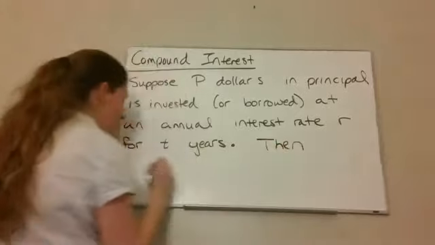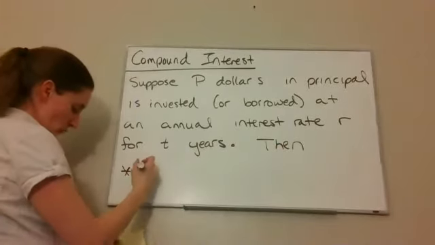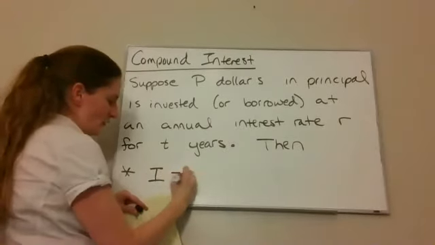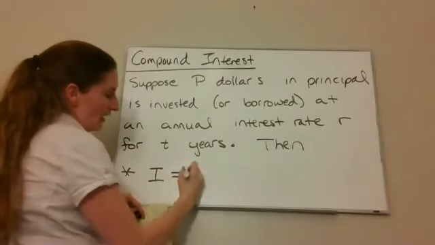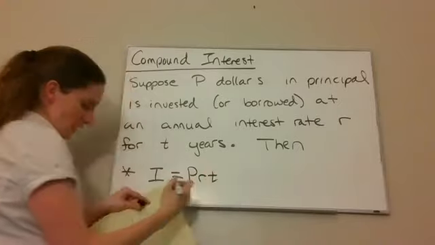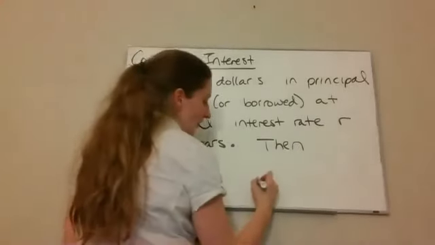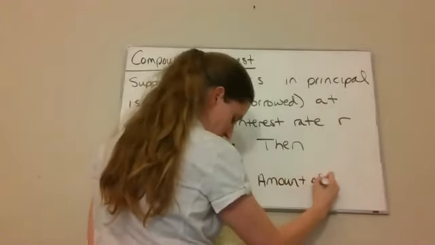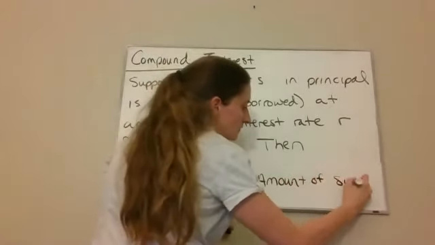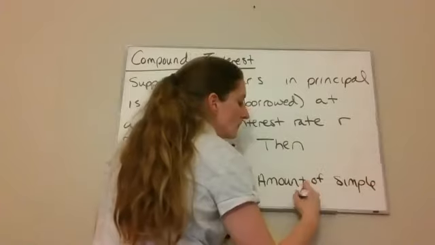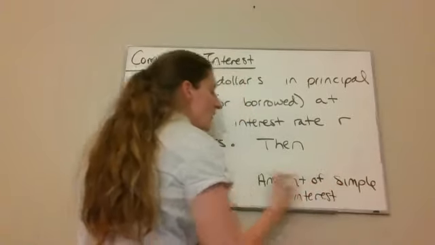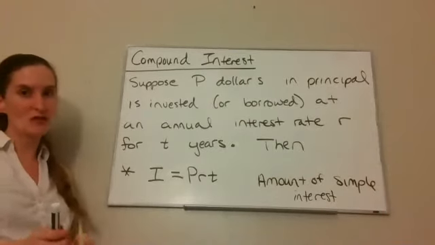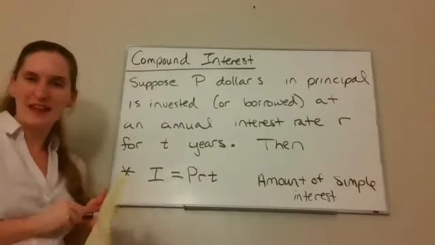Then we're going to have three different formulas. One formula, which is not as exciting, since it doesn't involve exponential functions, is I equals P times R times T. This is the amount of simple interest. So if you just have an account with simple interest, that would tell you how much interest you earn on your account. That's not that exciting though.